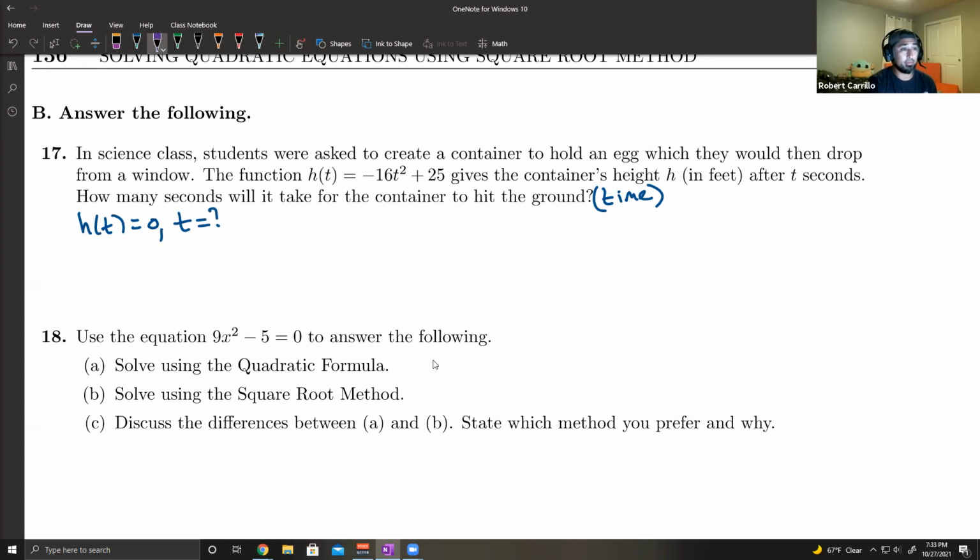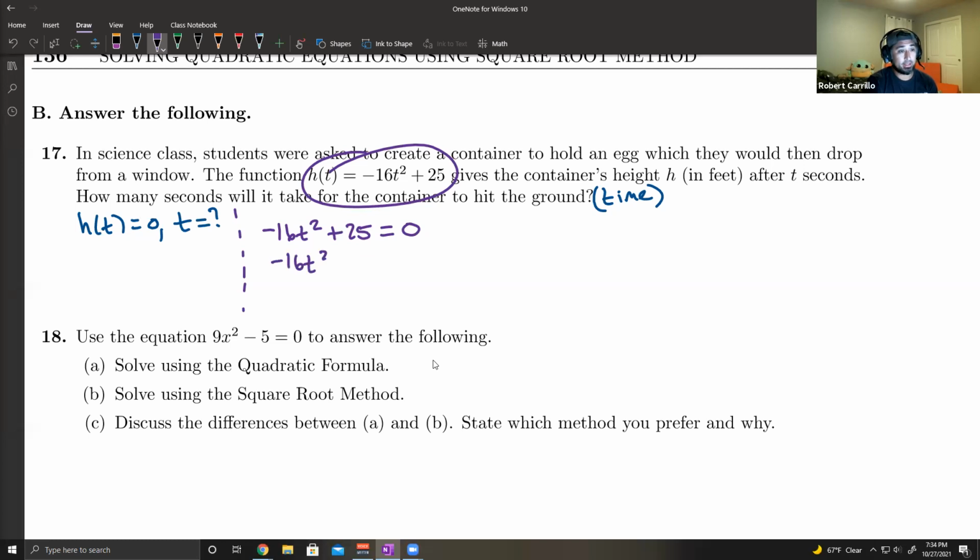With that information, we take this equation and set it equal to 0. -16t squared plus 25 equal to 0. Now solve for t, using the square root method. So move that 25 over.